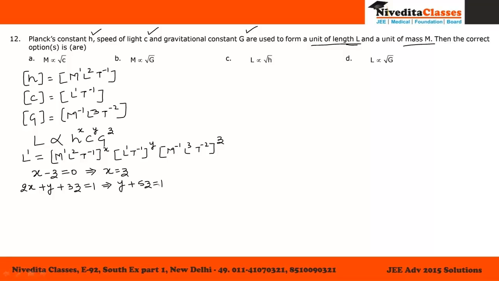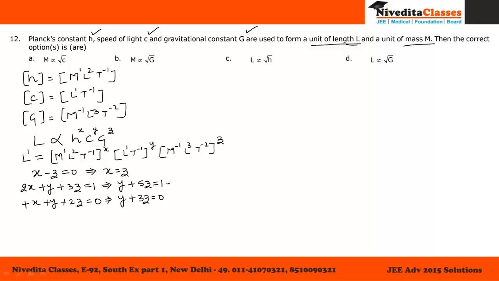Now equate the powers of t on both sides. We will have minus x minus y minus 2z equal to 0, and if I remove the minus from all the components, we have x plus y plus 2z is equal to 0, and now again putting the value of x as equal to z, we will have y plus 3z is equal to 0.